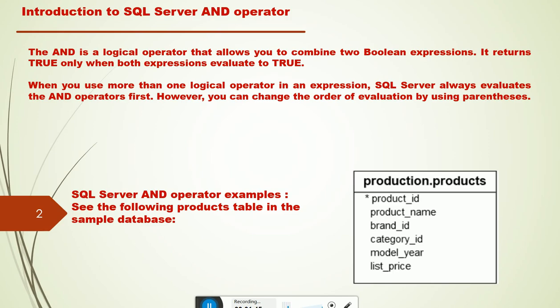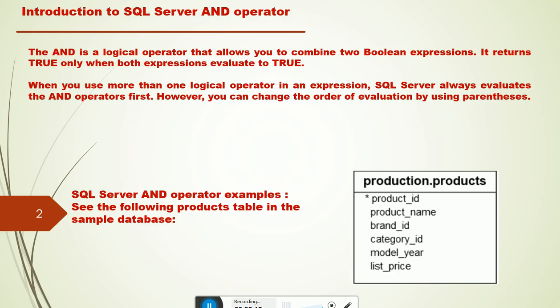When you use more than one logical operator in an expression, SQL Server always evaluates the AND operator first. Meaning if you use more than one operator in an expression, it will evaluate the AND operator first. However, you can change the order of evaluation by using parentheses.